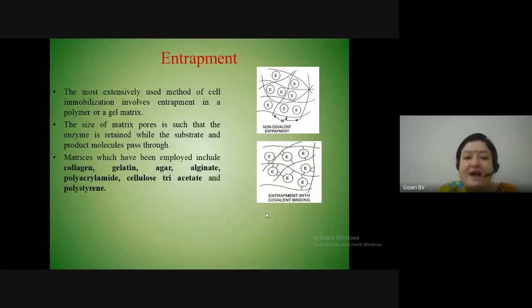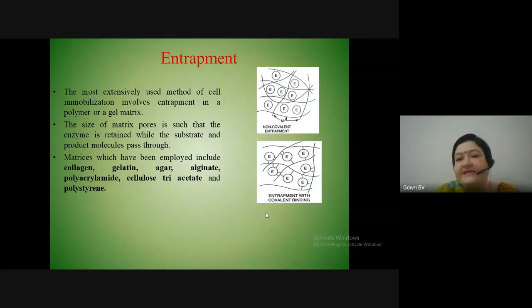Matrices which have been employed include collagen, gelatin, agar, alginate, polyacrylamide, cellulose triacetate and polystyrene.